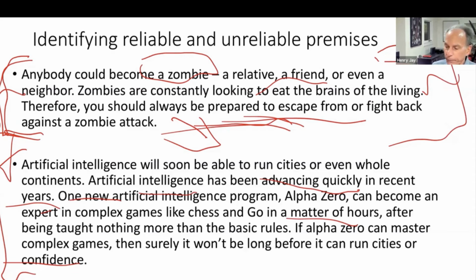You want more information. And then here, if AlphaZero can master complex games, then surely it won't be long before it can run cities or continents. So, what's the reliability of that premise?